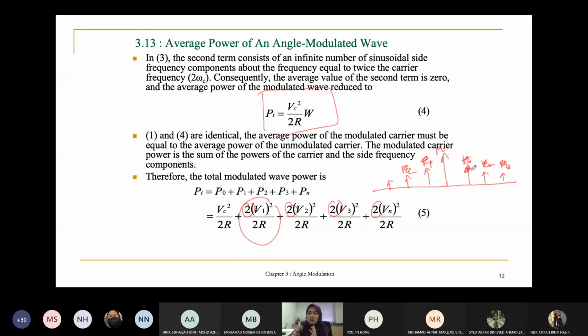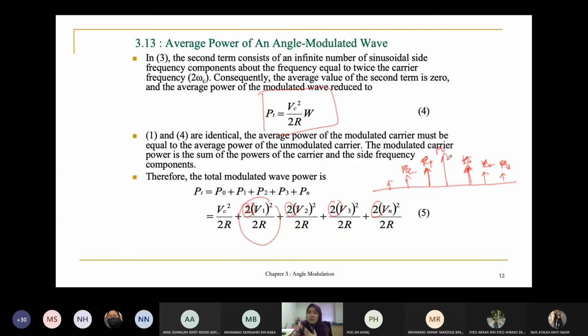Since the sideband consists of the upper side frequency and the lower side frequency, that is why you need to multiply by 2. It is the same for the others, P2, P3 until Pn.